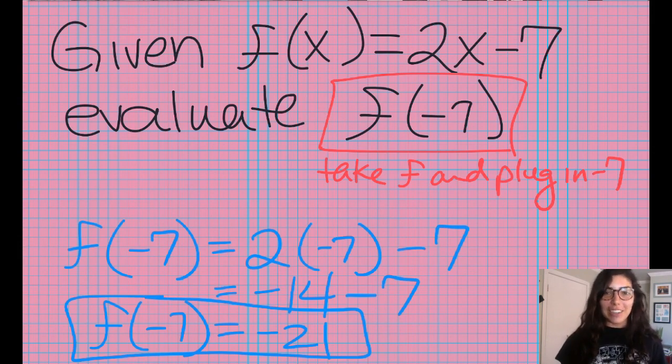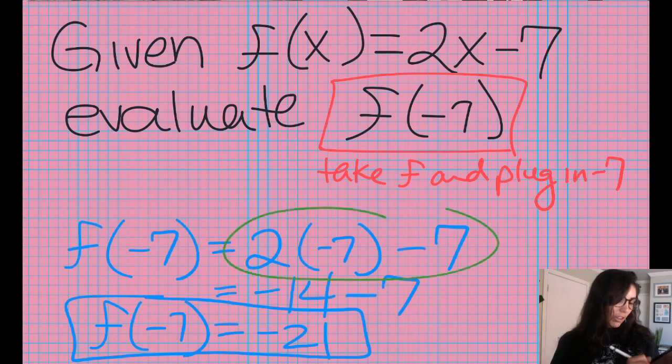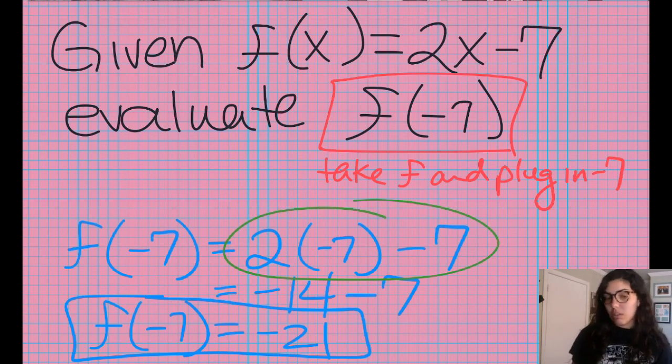That's function notation. It told us what function to use and what to plug into it. Then we just do some calculations. You could toss this directly into a calculator or Desmos, type 2 parentheses negative 7 minus 7, and it would spit out negative 21 for you. So that you know that if I plug in negative 7, I get out negative 21.